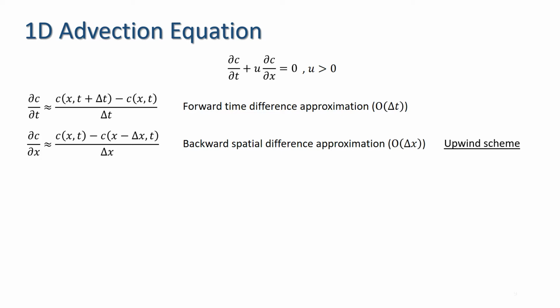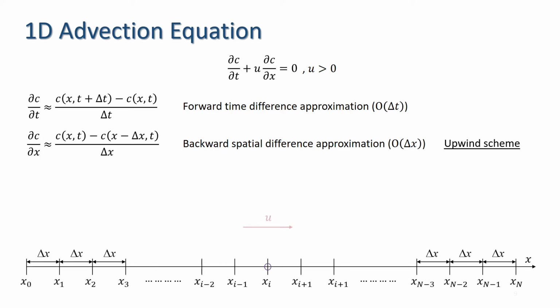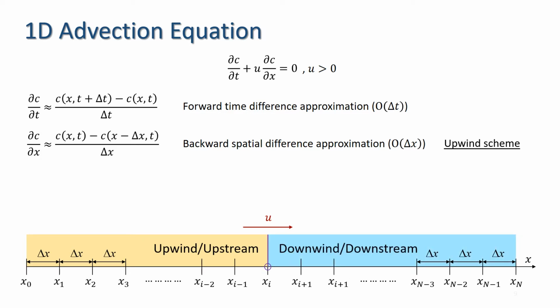If we consider a point on the x-axis and u is positive, then the left side, x less than x_i, is called the upwind or upstream side, and the right side, x greater than x_i, is the downwind or downstream side. Any scheme that contains more points in the upwind side is called an upwind scheme. In the case of the backward difference approximation we've taken here, we have a single point upstream and none downstream.